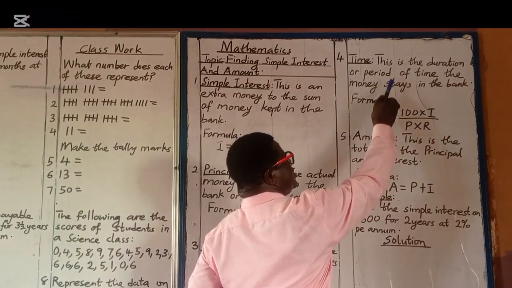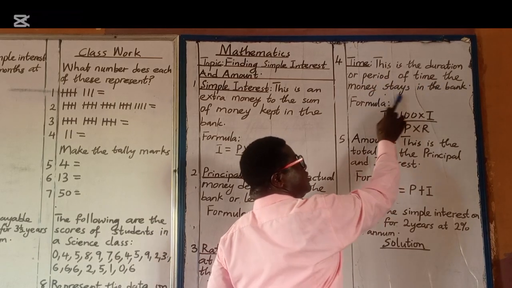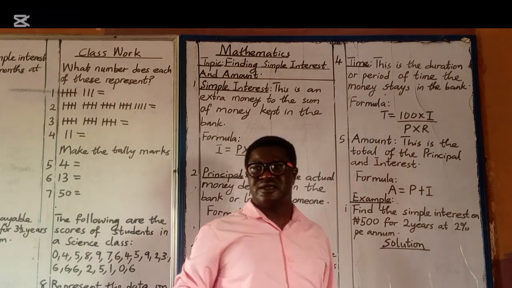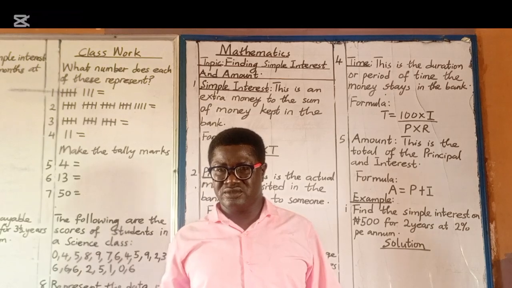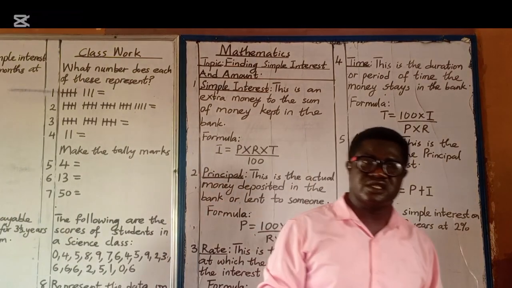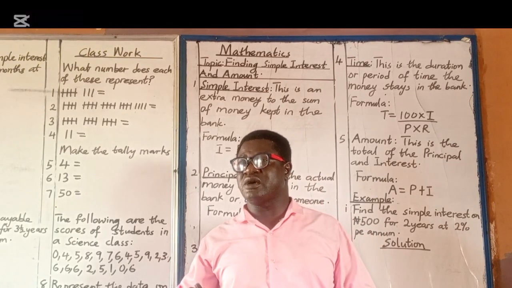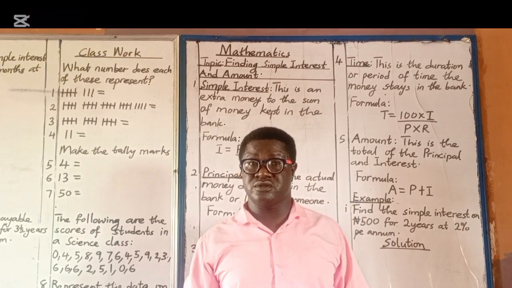Time. This is the duration or period of time the money stays in the bank. If you leave it for 1 year, 2 years, 3 years, or 4 years, depending on the number of years you want to leave your money.